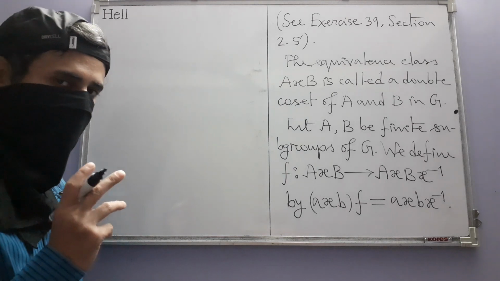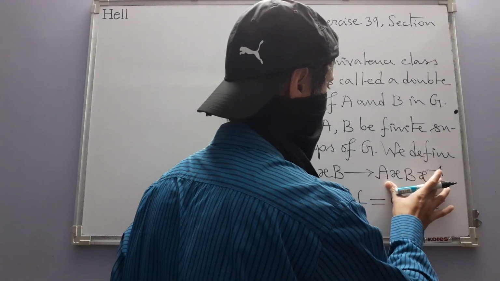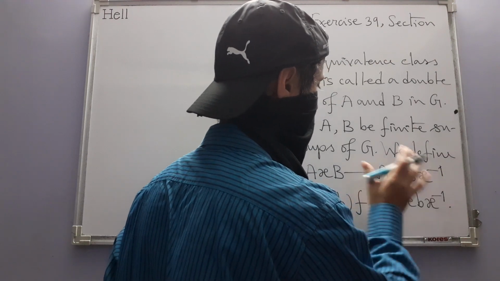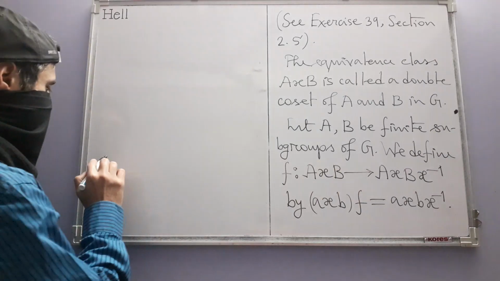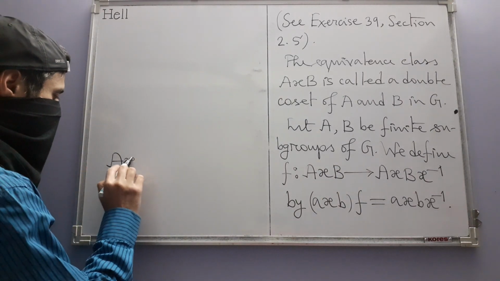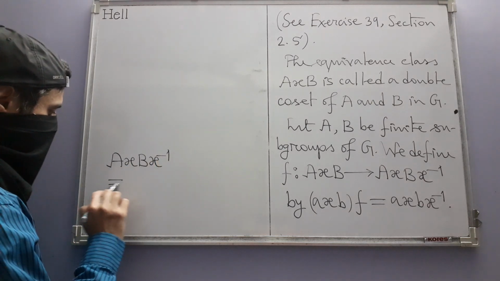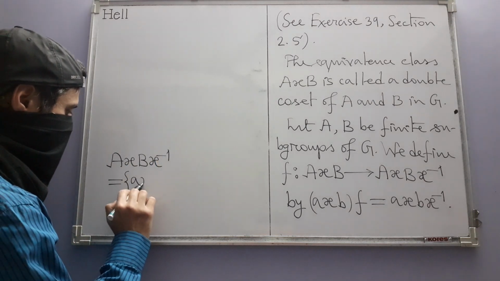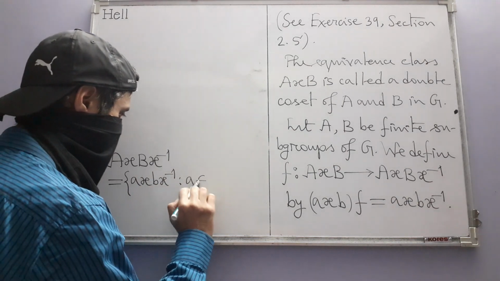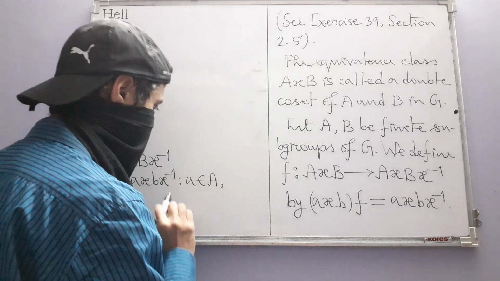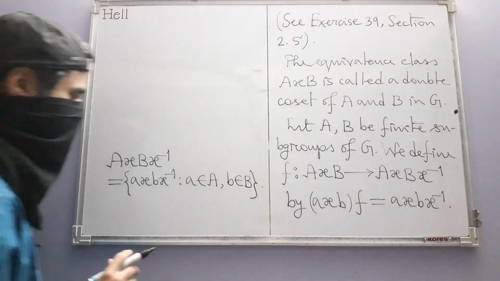Now you may get confused a little bit here. What exactly is this A X B X inverse? Just like AXB, in this set the elements look like this, where again a varies freely over A and b varies freely over B. That's just it.